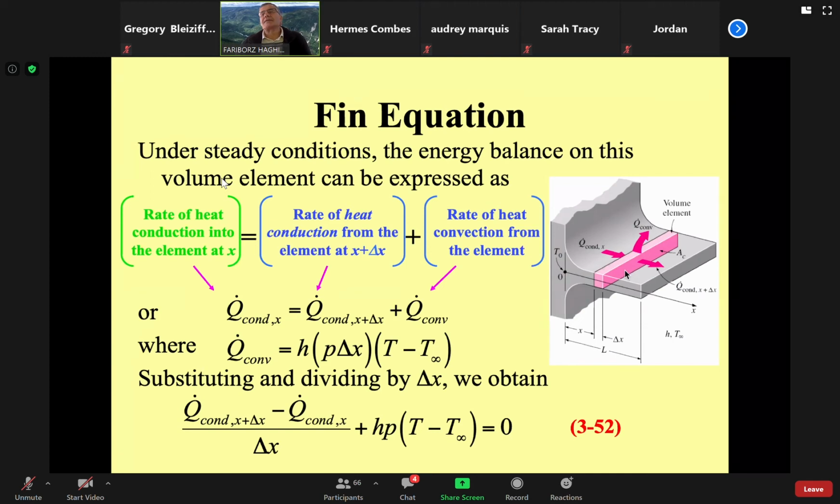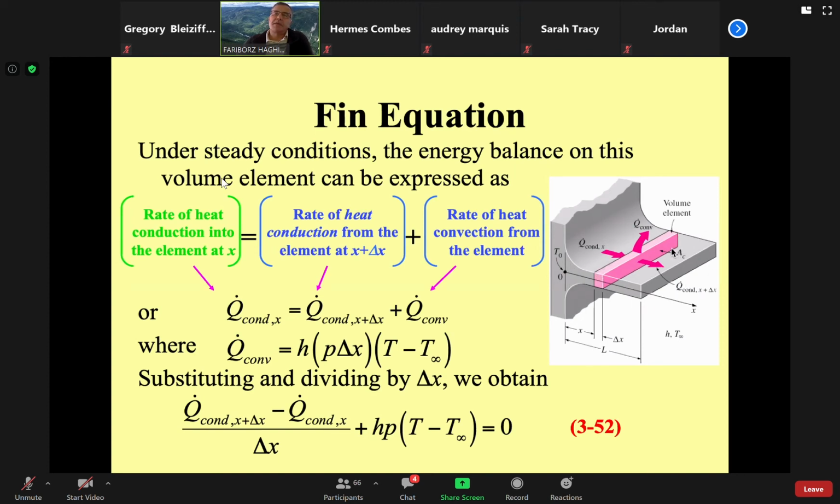Therefore, now you're increasing the area without increasing the size of your heat exchanger, okay? You are increasing the surface area between the hot fluid or cold fluid in order to increase the losses. What I'm trying to do is develop a methodology or an equation to calculate how much heat is lost from this part of the fin.